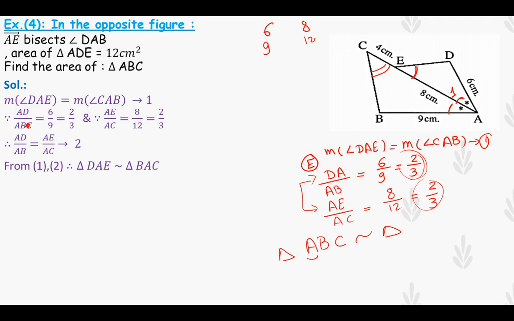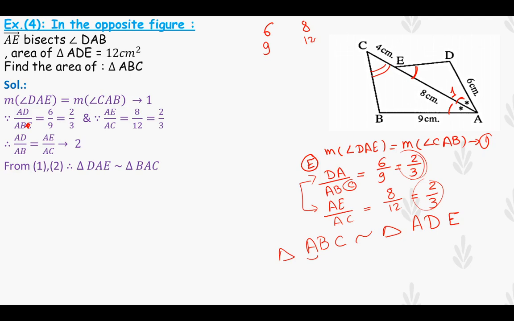So we write A corresponds to A. And here, side length AB, its corresponding angle is C. So the measure of angle C in the first triangle equals the measure of angle E in the second triangle, so we write E corresponds to C. The last one, B, will equal the last one, which is angle D. So triangle ABC is similar to triangle ADE.